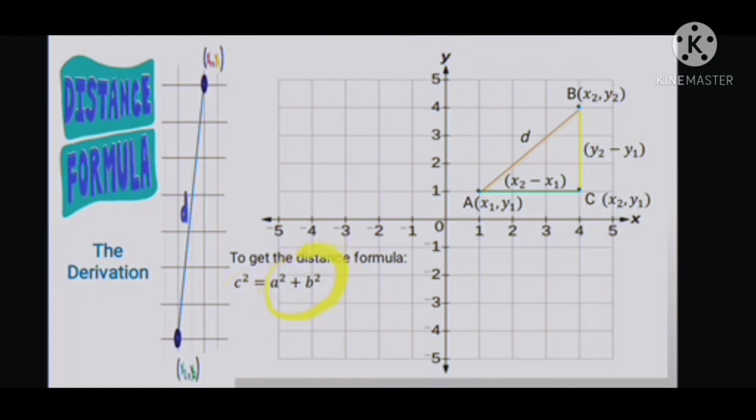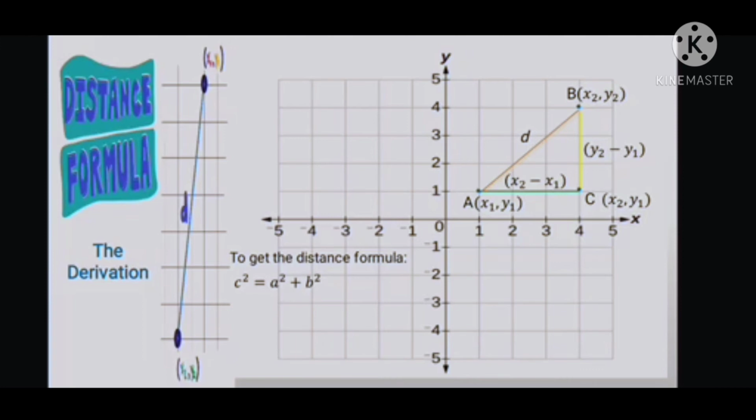So we have a squared plus b squared. So the hypotenuse here is d. Then we have here the two legs. For a, it's either x sub 2 minus x sub 1, or y sub 2 minus y sub 1. Or for b, you can have x sub 2 minus x sub 1, or y sub 2 minus y sub 1.